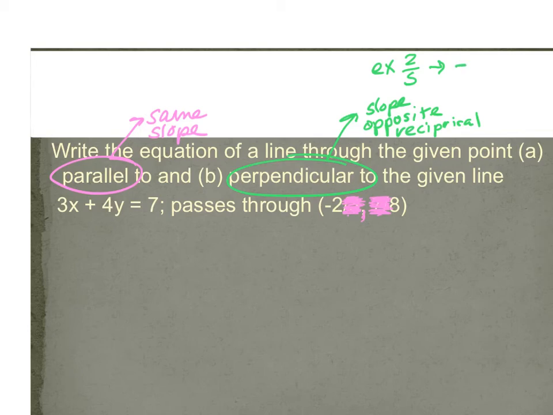So since this is positive, opposite would be negative, and reciprocal would just be the flip of it. So we have 2/5, the reciprocal would be 5/2. So this is just an example of an opposite reciprocal.